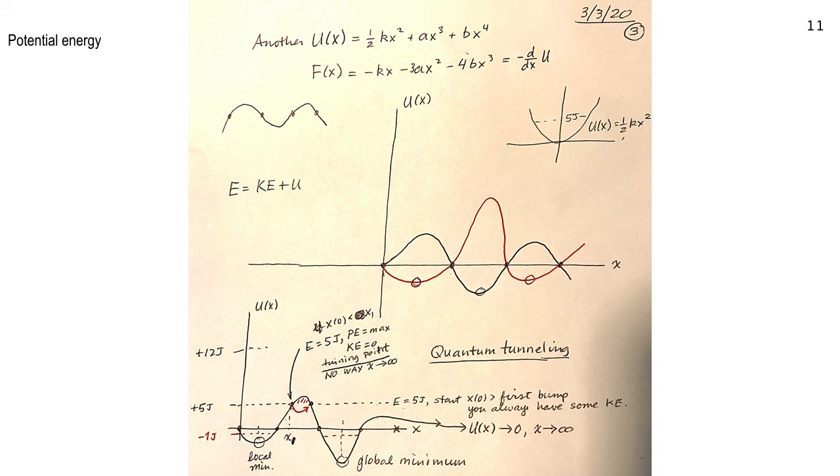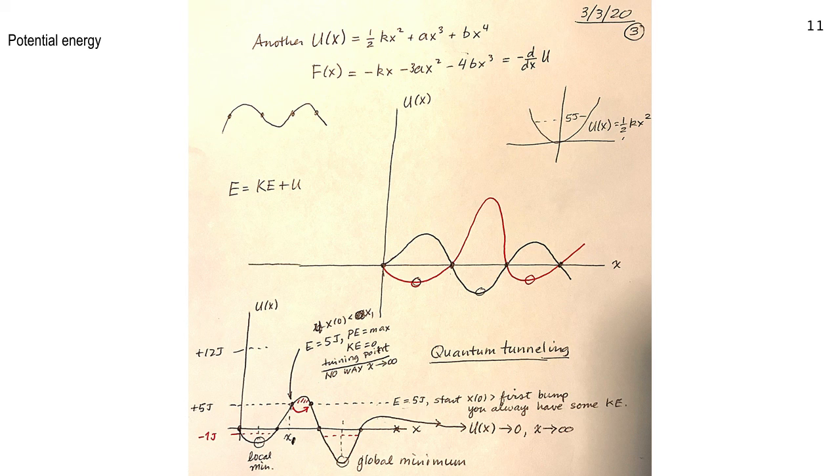But out here to the right, it's above this second bump. So 5 joules here is above the second bump, but below the first bump. And so you can start here and, like a roller coaster, roll down, slow down a little bit, but then when you get to the top of this bump, you start speeding up because u of x goes to 0 as x goes to infinity. So we're assuming it's asymptotically going to 0.